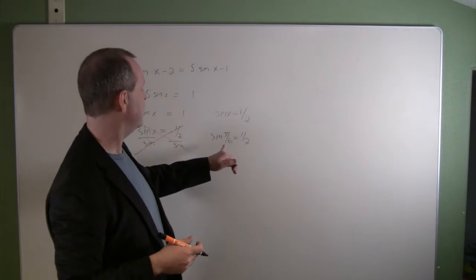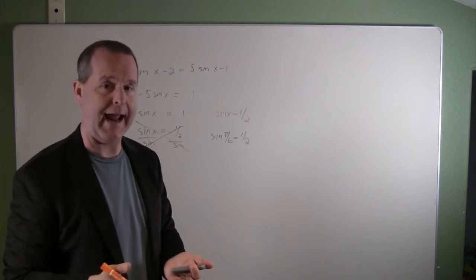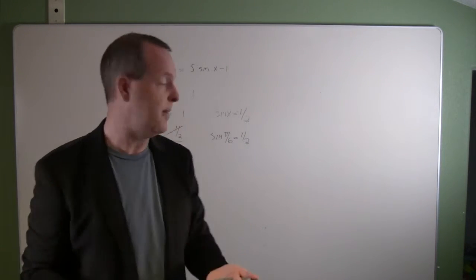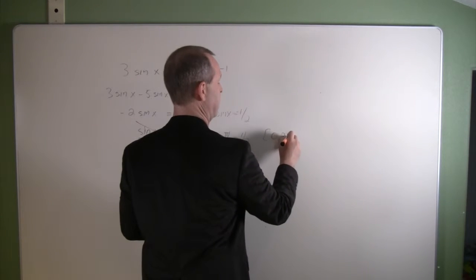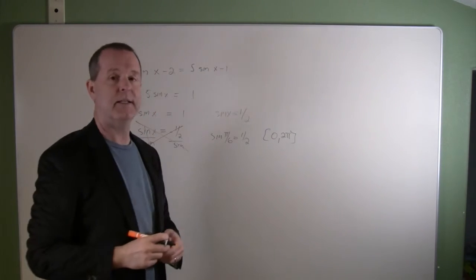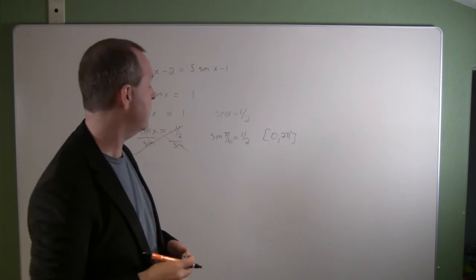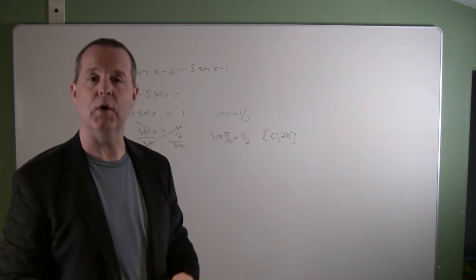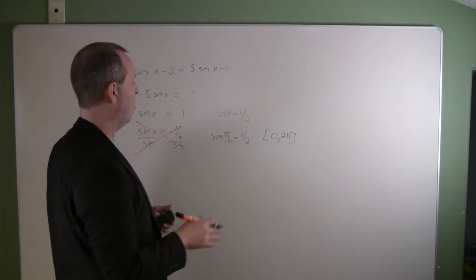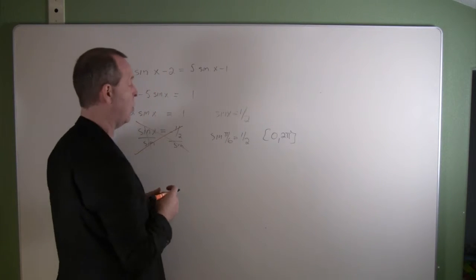So if I look at this basic acute angle, where I know that the sine of pi over 6 equals 1/2, where on my period between 0 and 2 pi does this result in a negative sine? It does in the 3rd and 4th quadrants. So how do I skip from pi over 6 to its negative counterpart? One way is to figure out its value in the 3rd quadrant.